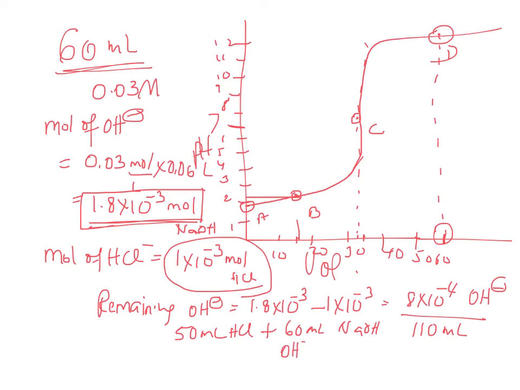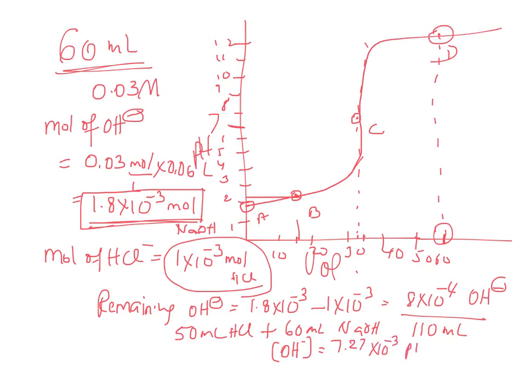So if I were you, I would convert the milliliters into liters before you carry out that division. So I have 8 times 10 to the negative 4, and I'm going to divide that by 0.11, and that will give me 7.27 times 10 to the negative 3.